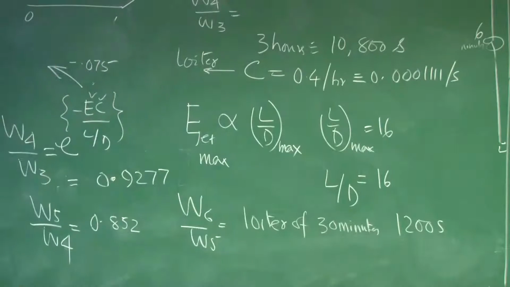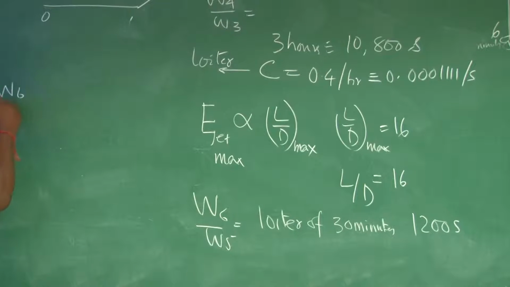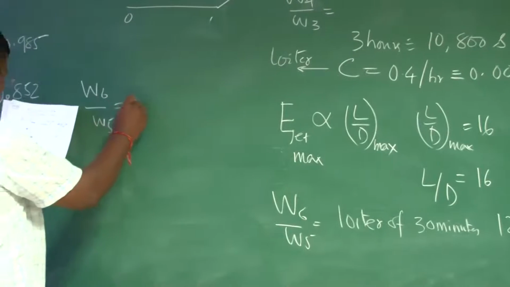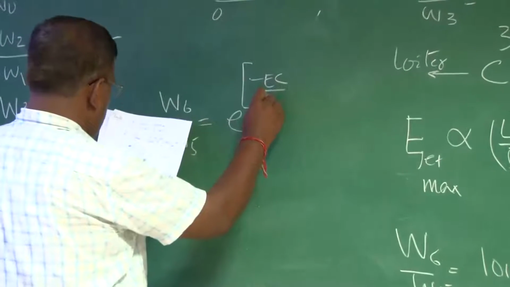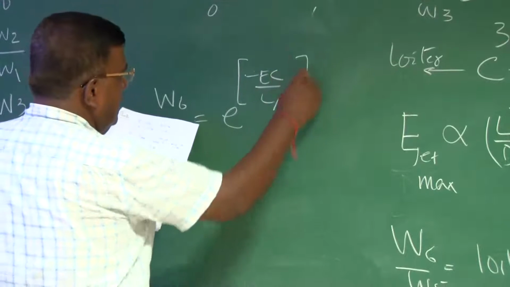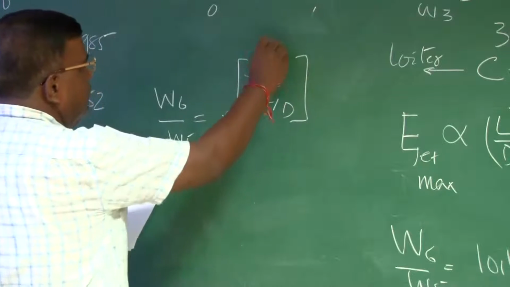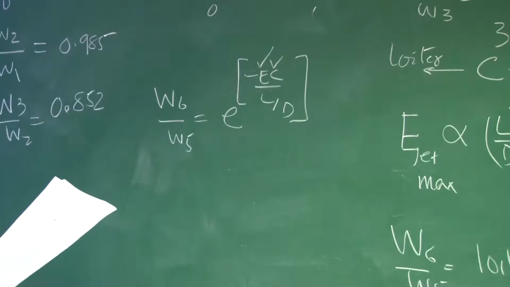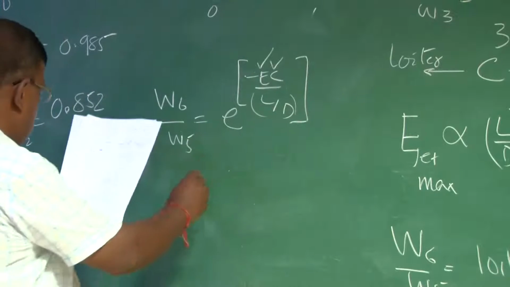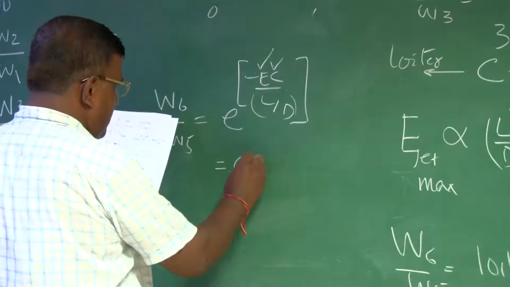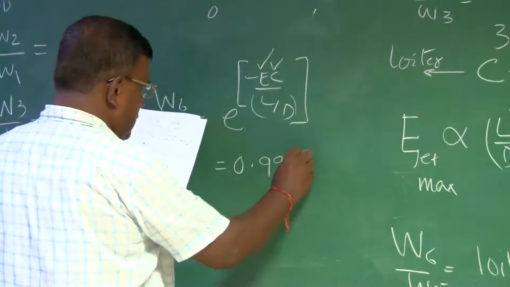Again we have to use W6 by W5 equal to e to the power, this is the endurance equation, EC by L by D. C we know, E we know, around 1200 seconds, L by D we know, it will be L by D max. So this ratio will come out to be 0.9917.